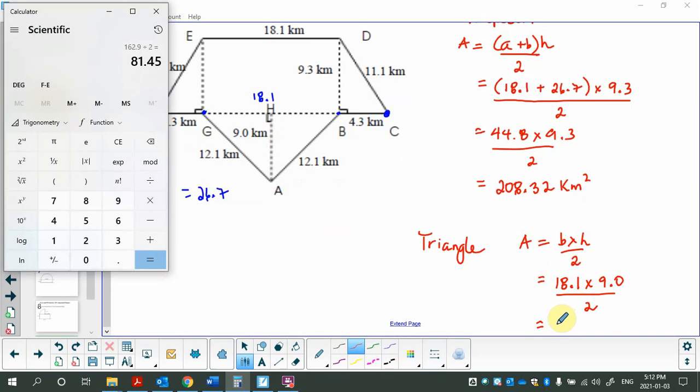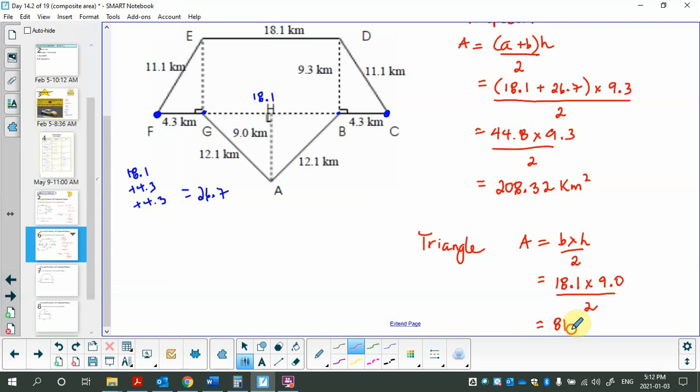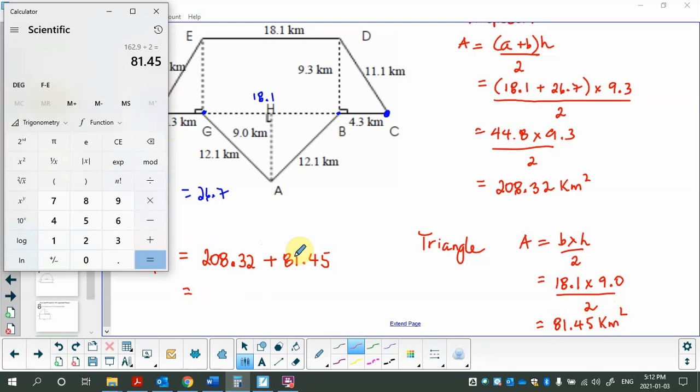That's 81.45. And again, kilometers squared. And then finally, my total is taking the trapezoid from the top and the triangle from the bottom and adding them together to get the total. That number is still on my calculator, so I'm going to add backwards. Add 208.32 is equal to 289.77.